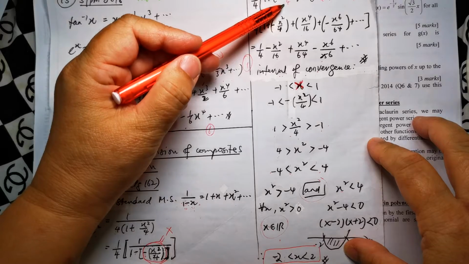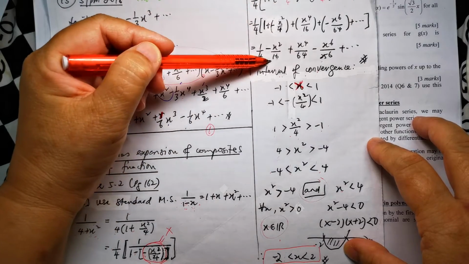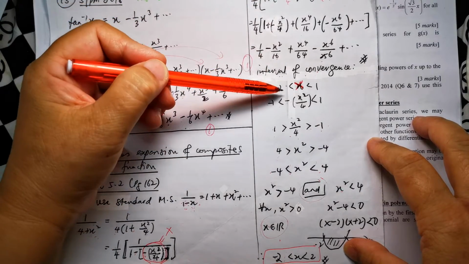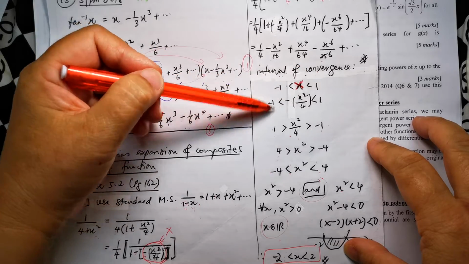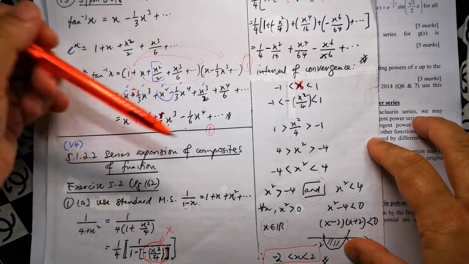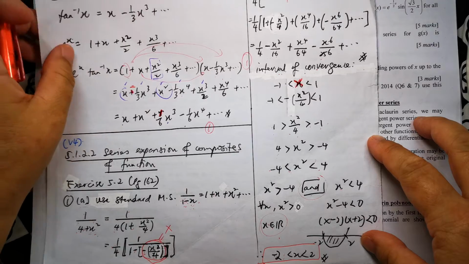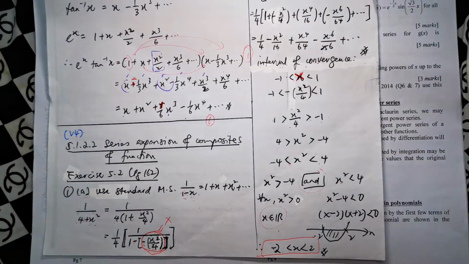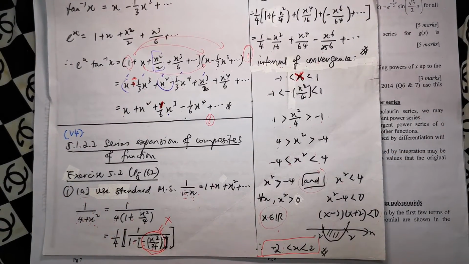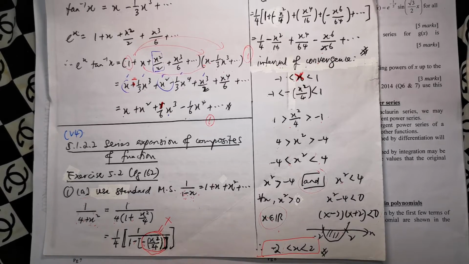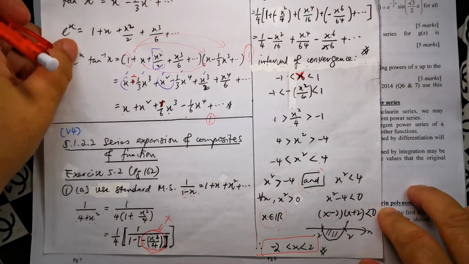Then you simplify. After that, find the interval of convergence for the new function using all these methods. So in the following examples, we are going to repeat the same thing. You will see that.